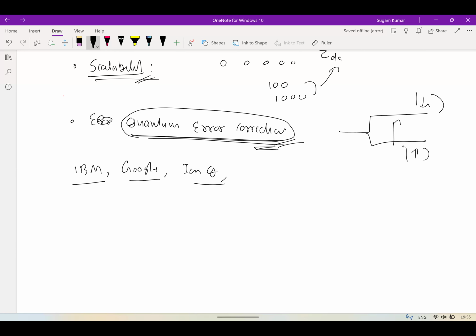And particularly, if I get time, we will try to run some program using IBM Qiskit. So I recommend everybody, please try to install Qiskit and try to read about it.